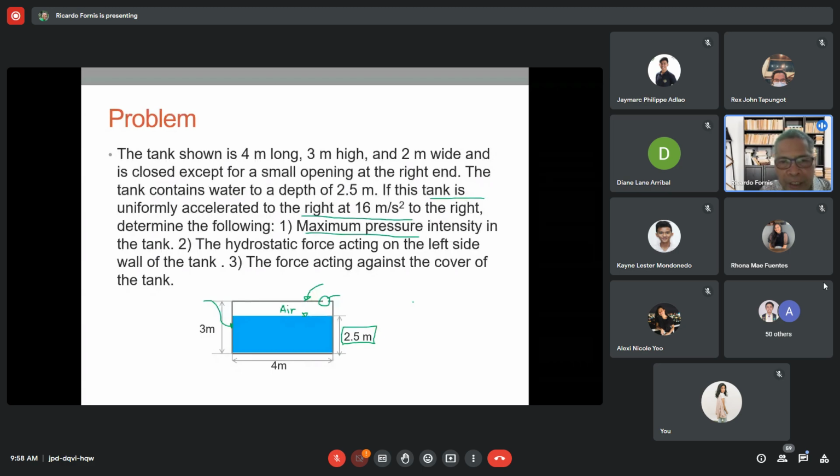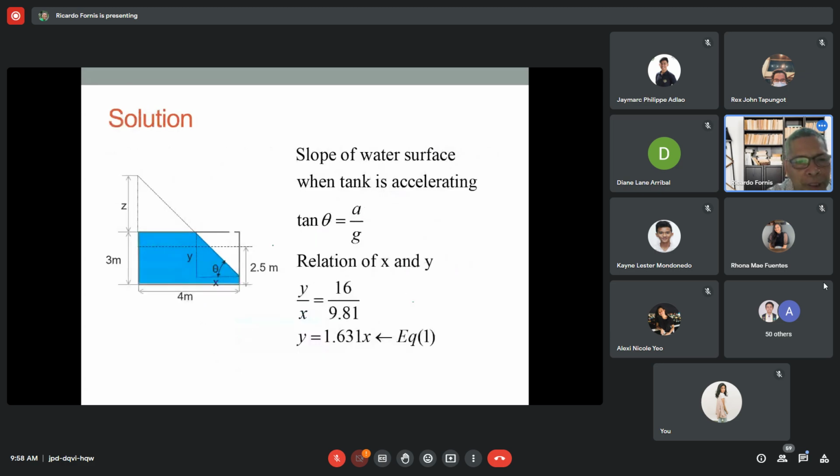So what will happen if the tank is accelerated to the right? The liquid surface will be inclined, and probably it will incline in this manner. Now, we do not know yet. That's why we have to check whether this is the assumed position of the new liquid surface.